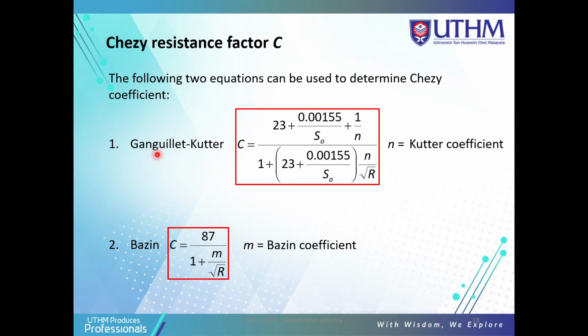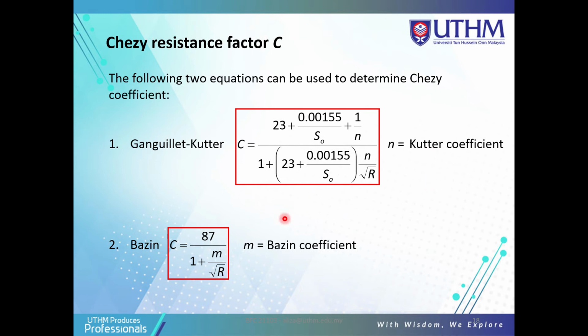But to get the Ganguillet-Kutter C, the coefficient N, the Kutter coefficient, is also given. So to find the Chezy C using Ganguillet-Kutter, we use the N, the Kutter coefficient. N is the Kutter coefficient in this formula.